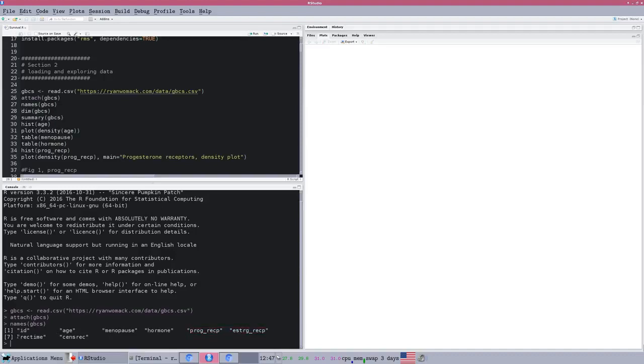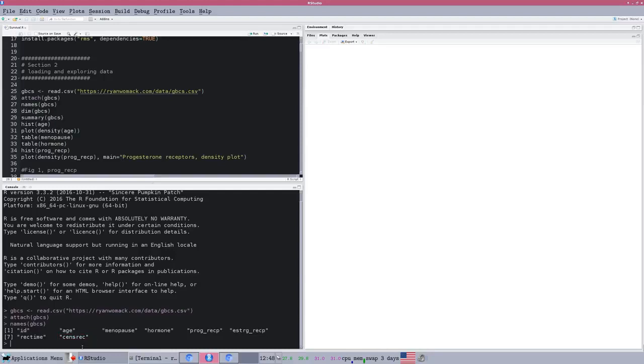And then there's really one primary response variable, which is called rec time in the data set. That is the recurrence time until breast cancer recurred in the subject. If the subject did not have breast cancer recur during the period of observation, which was a few years in this study but not forever, then the observation is censored, as we discussed in part 1.